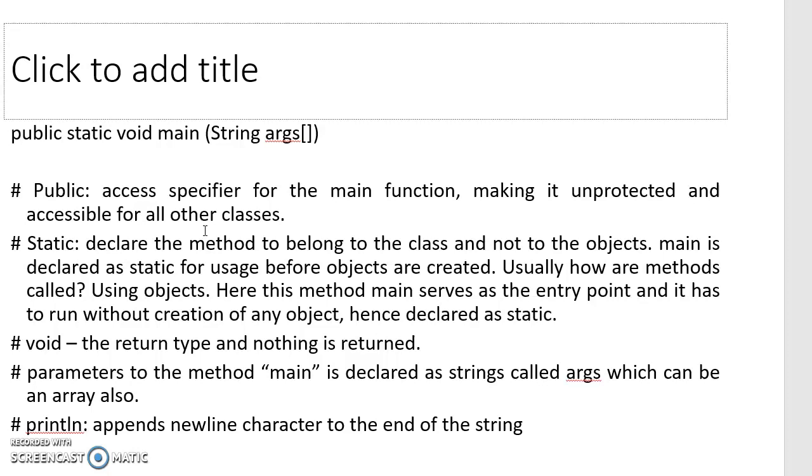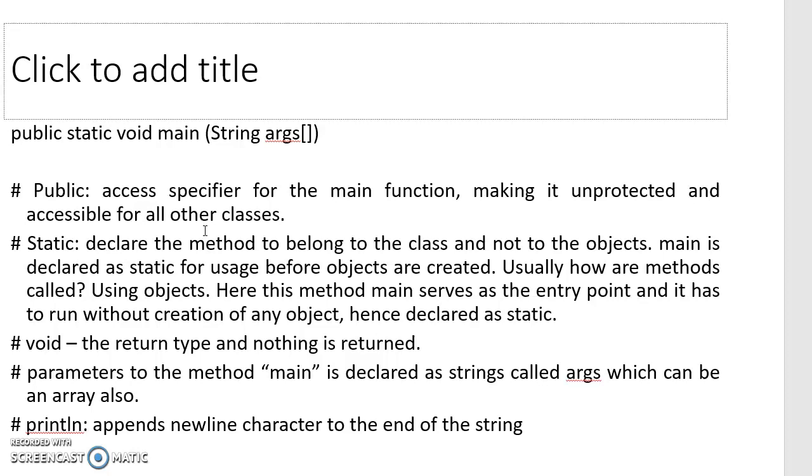What is the use of the keyword static? The static keyword is used to declare that the method belongs to the class and not to the objects. If you remember in C++, we learned the concept of a static variable. We had a set of variables like num and count.